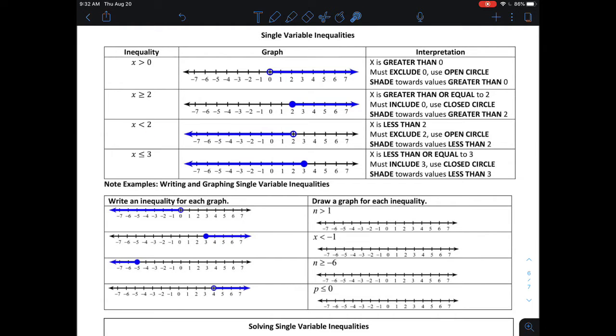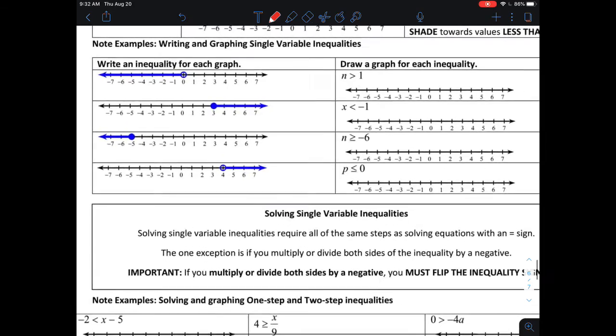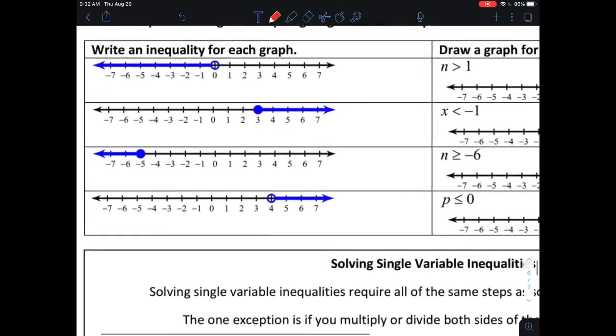So I would shade to the left. If there's no line under the inequality sign, it's an open circle. If there is a line under the inequality sign, that means it could also equal that number, indicating a closed circle.